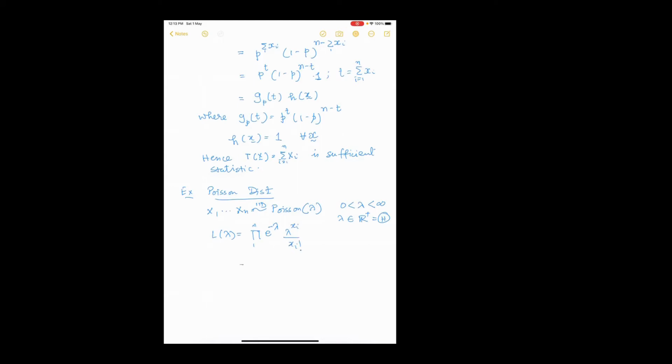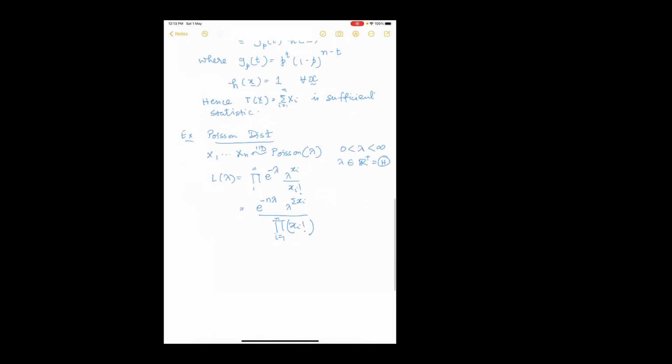And you can write it in that way, e to the power minus n lambda, lambda to the power summation xi, divided by the product i equal to 1 to n of xi factorial.